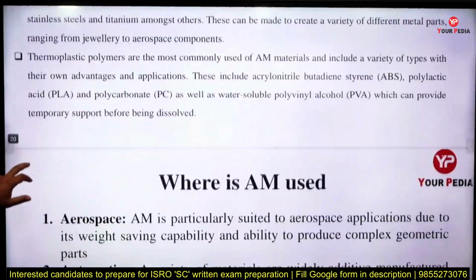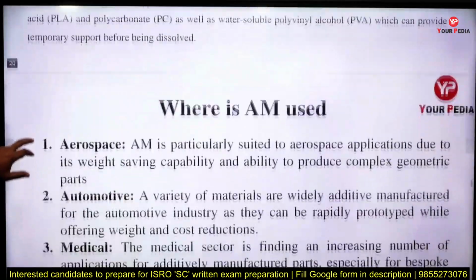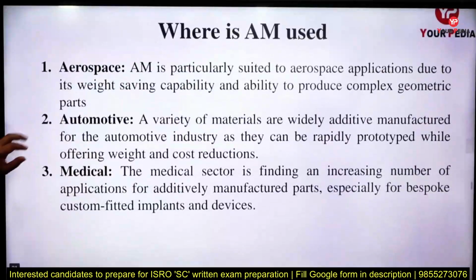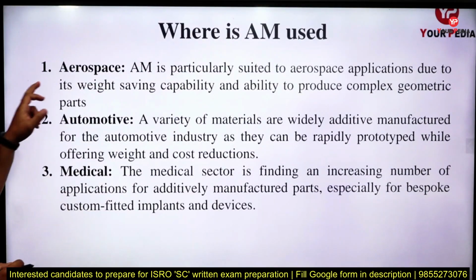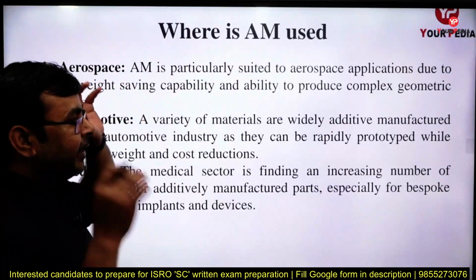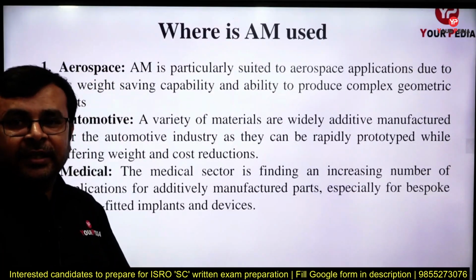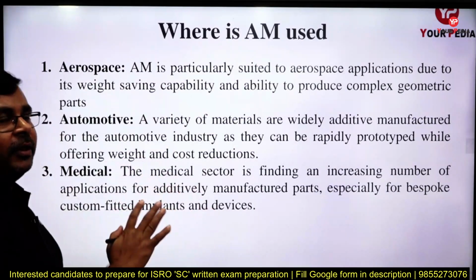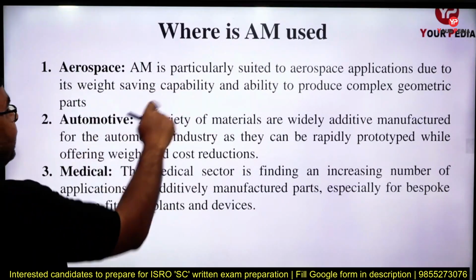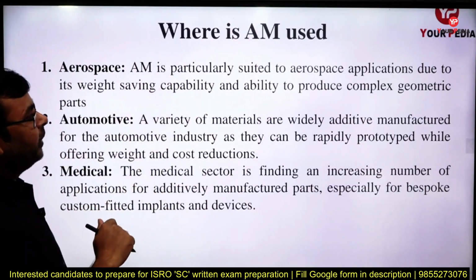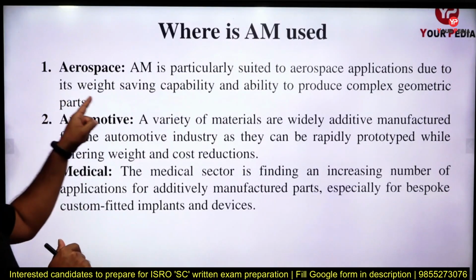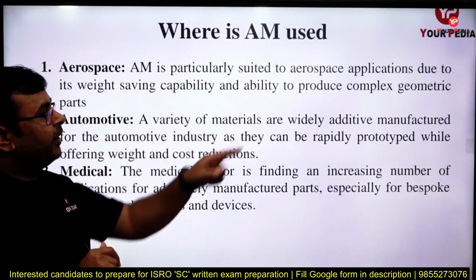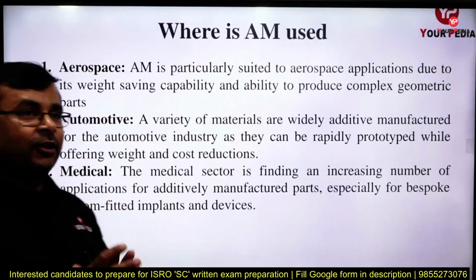Okay, so this is a little bit about materials, and now where additive manufacturing technology can be used. Aerospace is one of the extensively used fields for this technology. Additive manufacturing is particularly suited to aerospace applications due to its weight saving capability and ability to produce complex geometry.